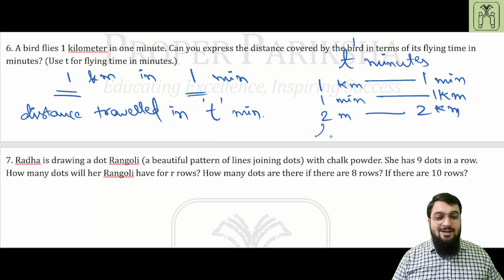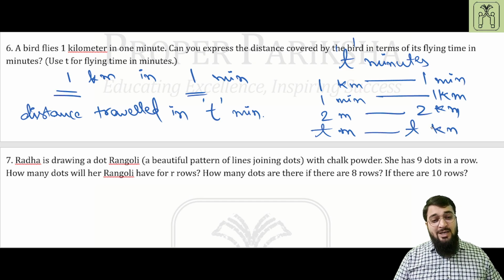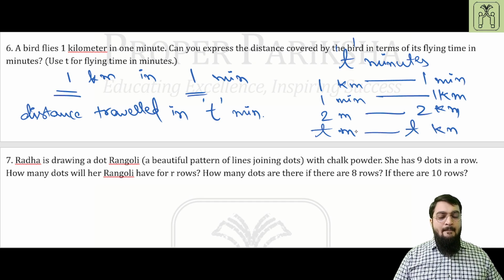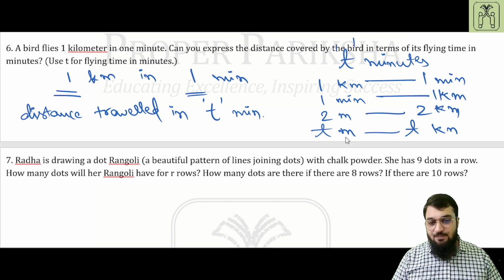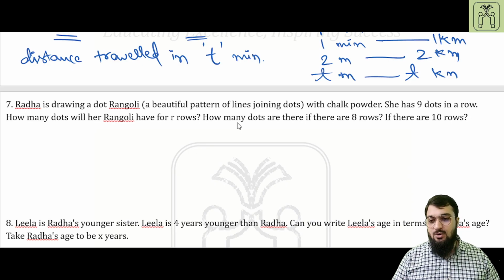So if I write t minutes, then it will be t kilometers, because 1 is multiplied by t to get t on both the ends. Therefore, number of minutes is equal to number of kilometers. Coming to the next question. So t minutes is equal to t kilometers.